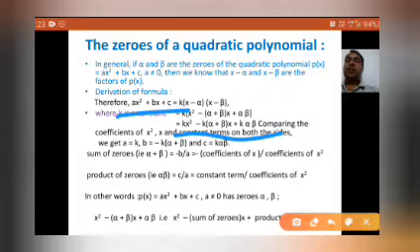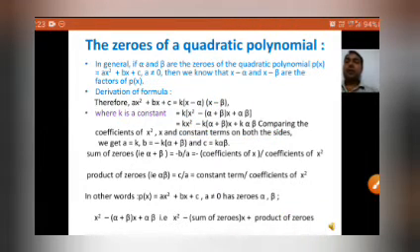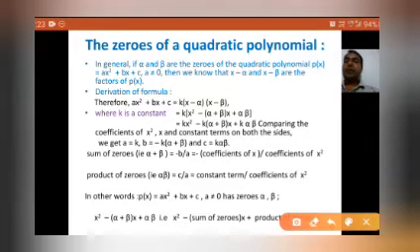the coefficients of x square, x and the constant term on both sides, we get: the coefficient of x square is a, and on the other side the coefficient of x square is k, that is, a equals k. Next, the coefficient of x is b, and on the other side it is minus k into (alpha plus beta).